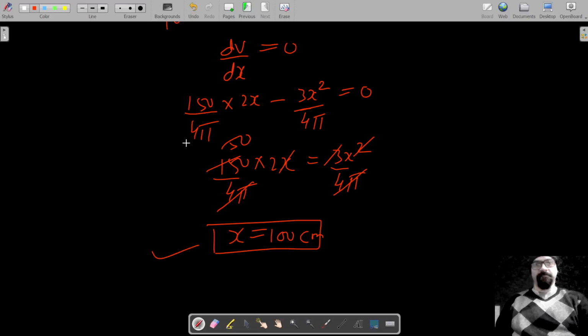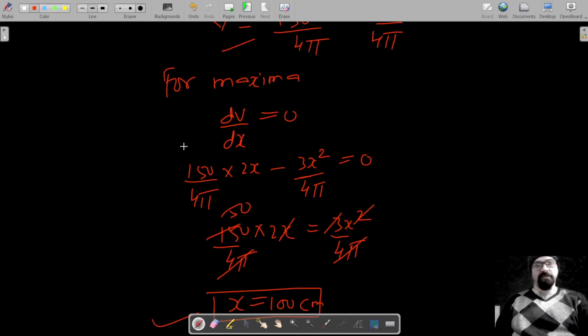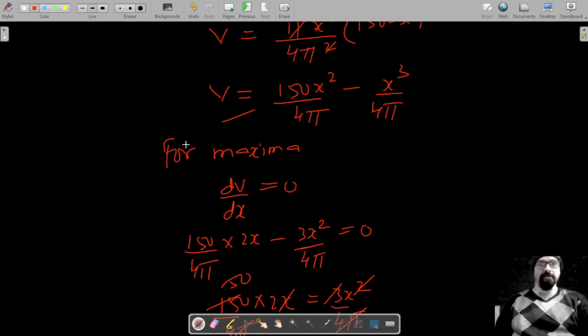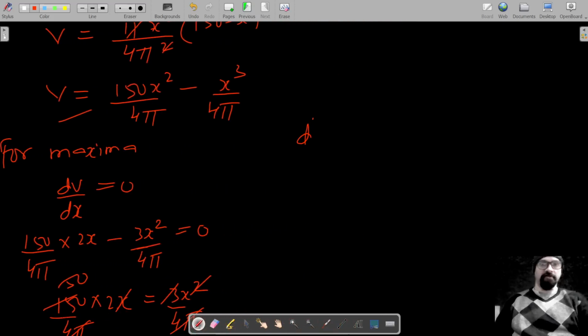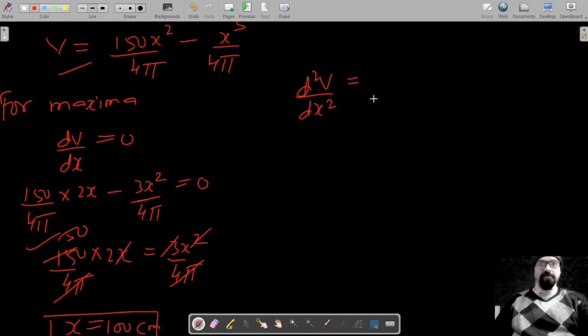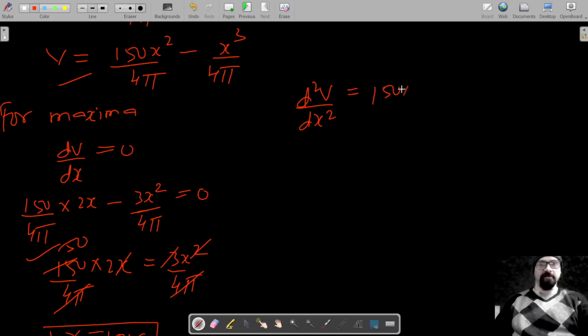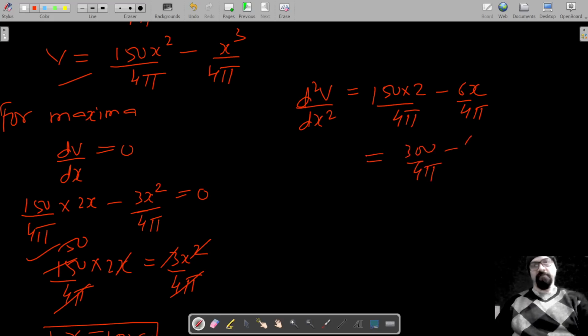Now let's check using the second order derivative test, for x is equal to 100, what is the value of the second order derivative. This is the first order derivative, and the second order derivative is now 150 into 2 upon 4 pi minus 6x by 4 pi, so this is 300 upon 4 pi minus 6x upon 4 pi.